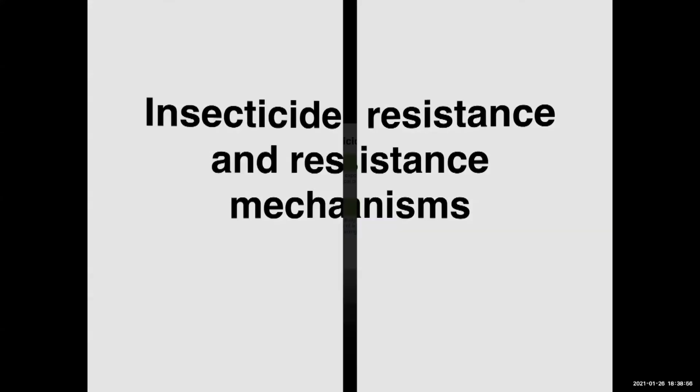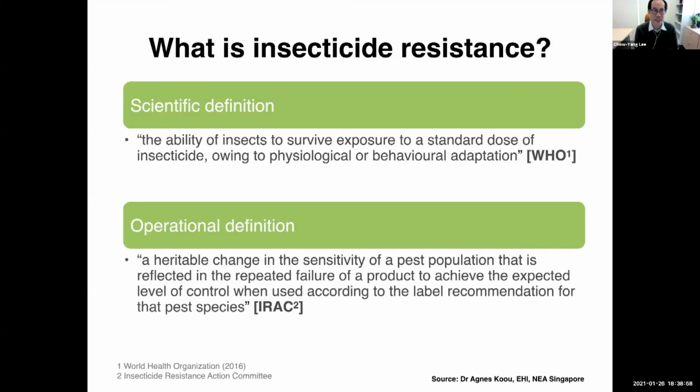So let us talk about insecticide resistance. If you look at the definition by WHO, this is an ability of insects to survive exposure to a standard dose of insecticide. Of course, this is because of physiological and behavioral adaptation.